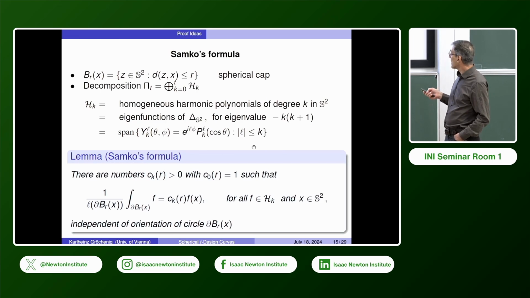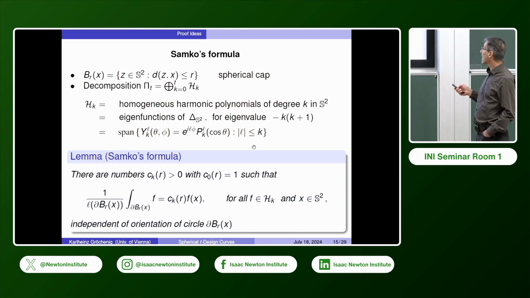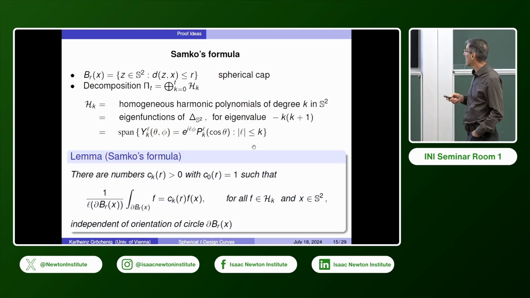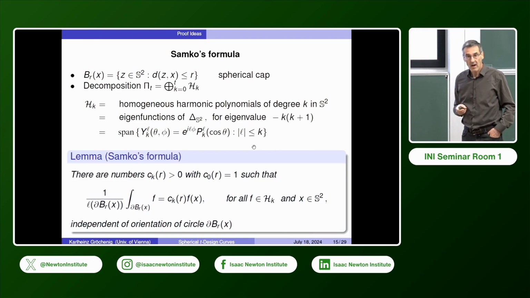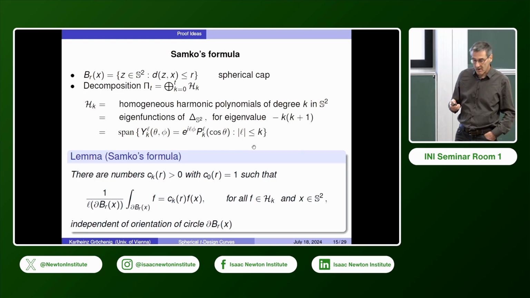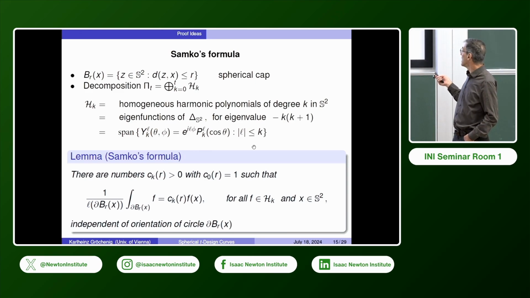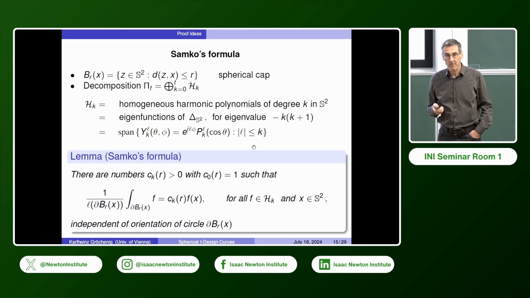One is this space H sub k consists of all homogeneous harmonic polynomials of degree k restricted to the two-sphere. So polynomials that satisfy the Laplace equation and are homogeneous of degree k. That's one description. Another description is they are eigenfunctions of the Laplace-Beltrami operator on the sphere corresponding to the eigenvalue k times k plus 1.